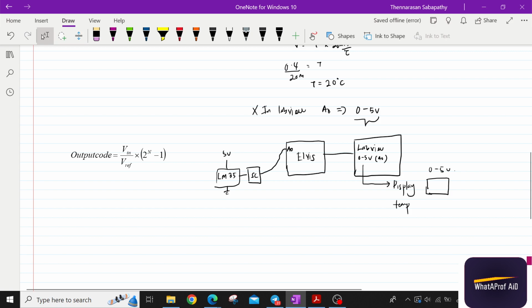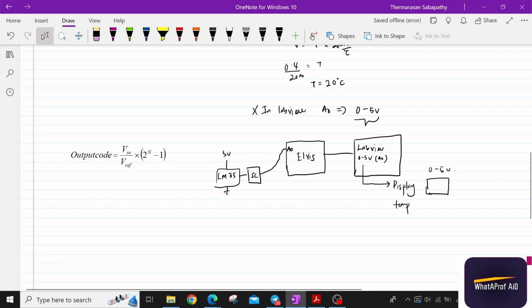Okay, 0 to 5. So you have to process it. You have to create an equation so that it can show the temperature. Usually students get lost here. They have 0 to 5 and then create their own equation, like times 20, times 10, so that it shows something closely related to the temperature value.